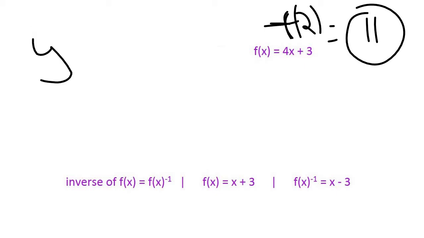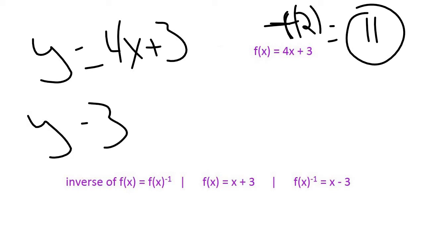So renaming the function y is equal to 4x plus 3. Now let's find x. So y minus 3 is equal to 4x. So then divide everything by 4.